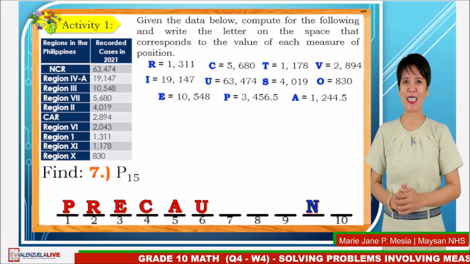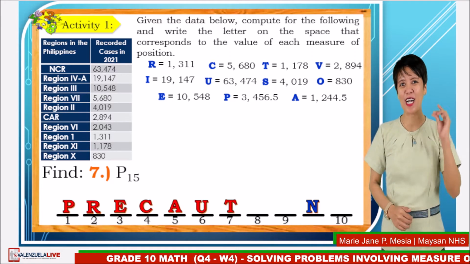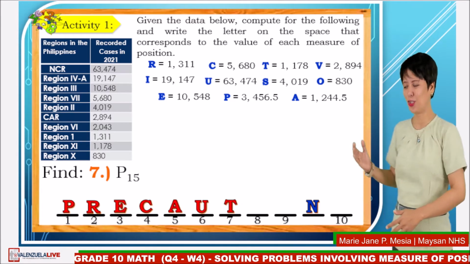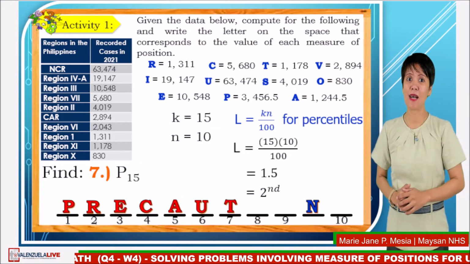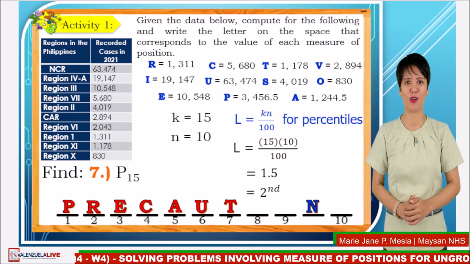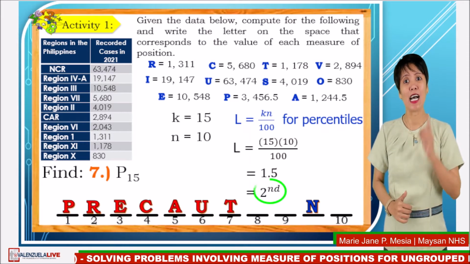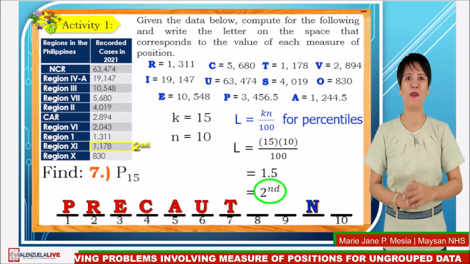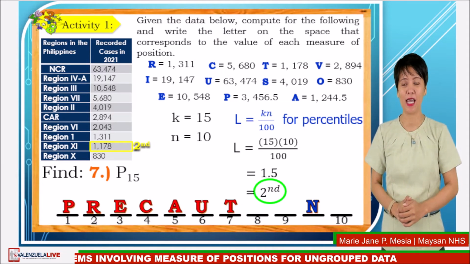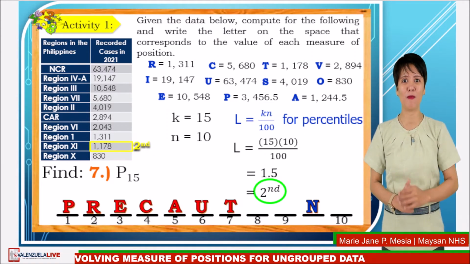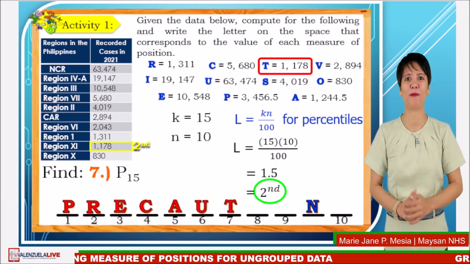If your answer is letter T, you are correct. See the solution on the screen. So, the locator is in the second position, which is in region 11, whose cases is 1,178. And the letter that corresponds to the value is letter T.